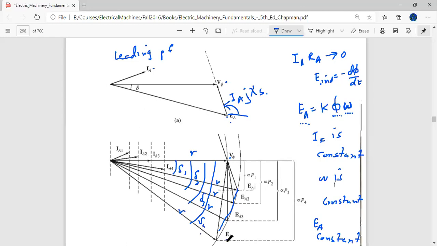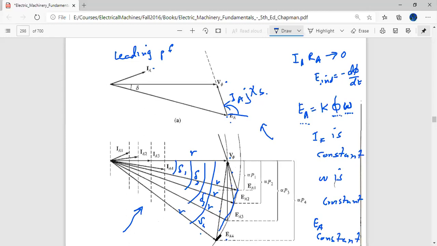The magnitude of EA doesn't change, but since it is swinging down, look what interesting thing happens to the IA jX axis vector. Initially, the IA jX axis vector is tilted like this, tilted like this, tilted like this. But when it comes here, it starts to tilt like this.